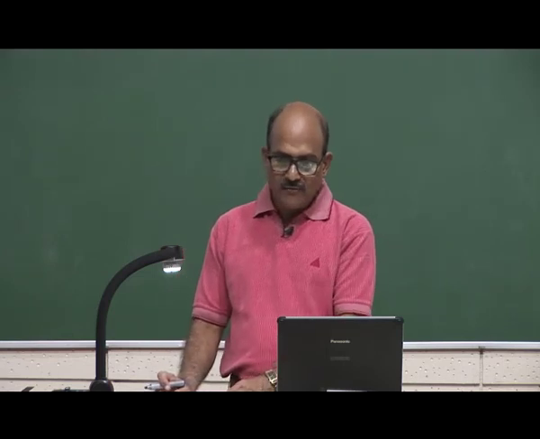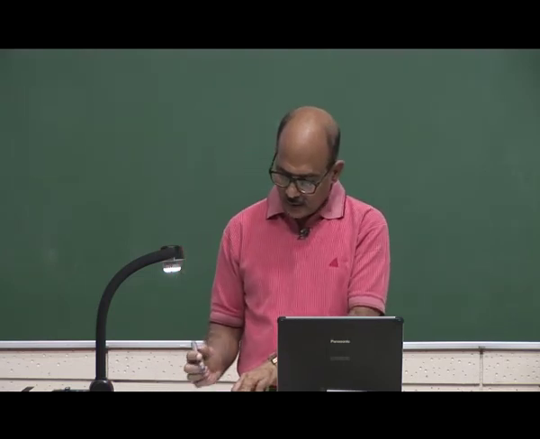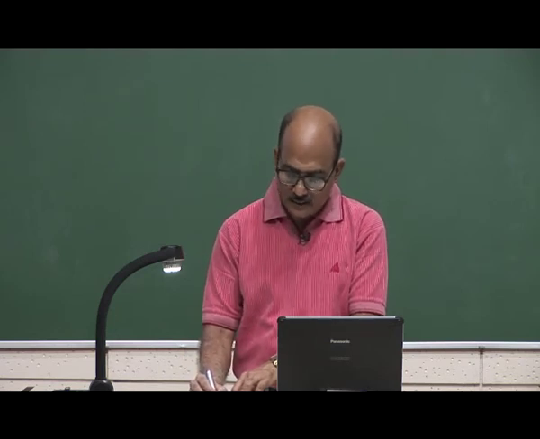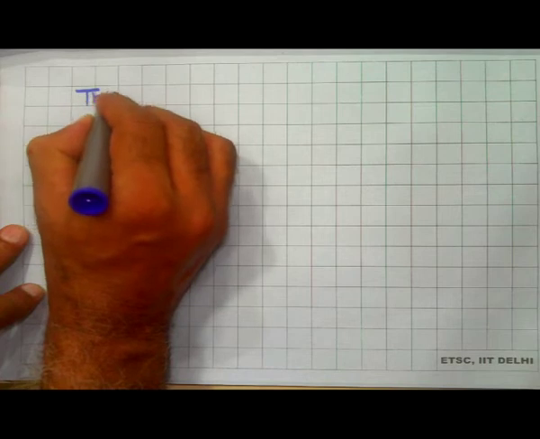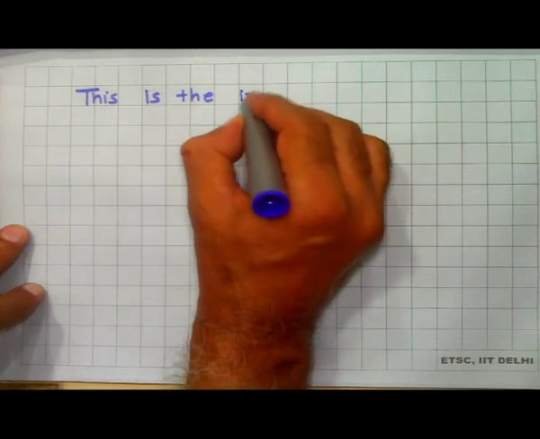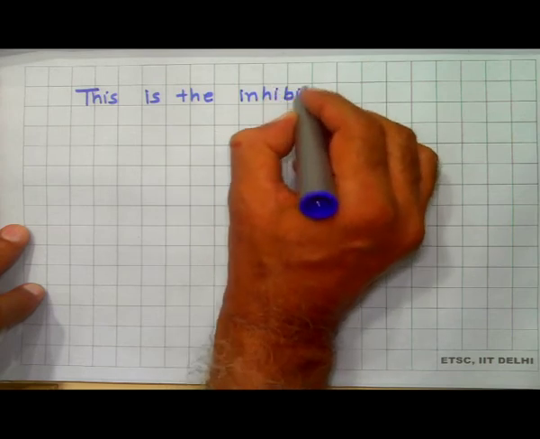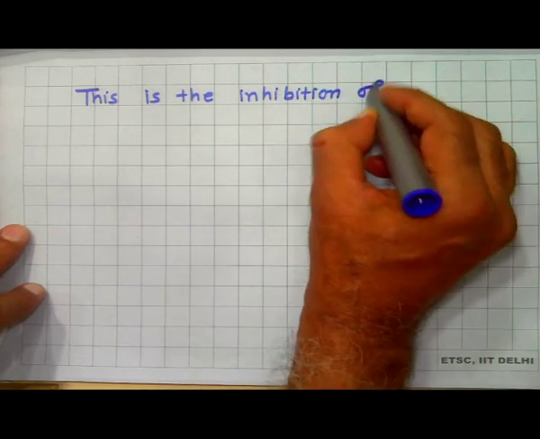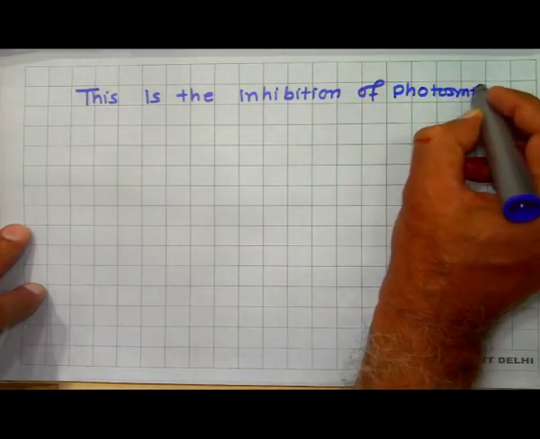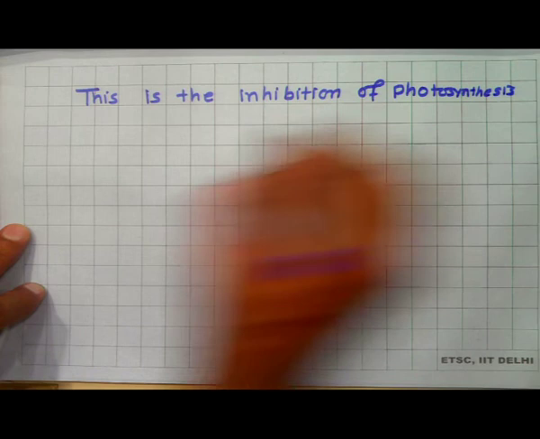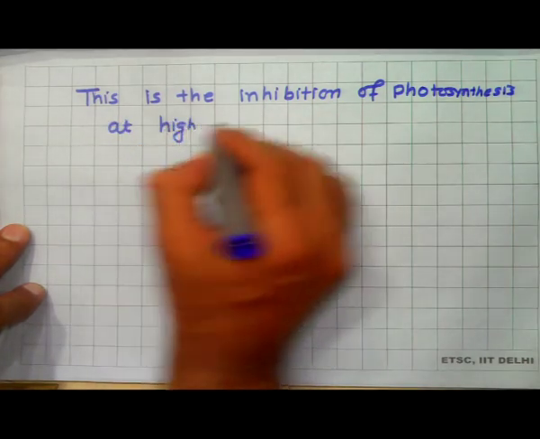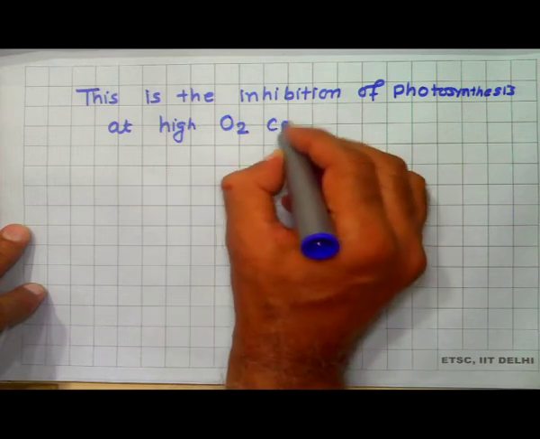So, we can define photorespiration: this is the inhibition of photosynthesis at high O2 concentration.